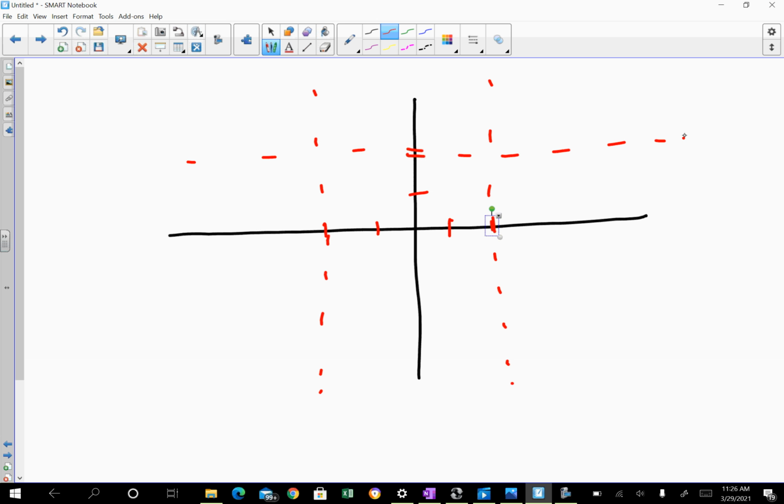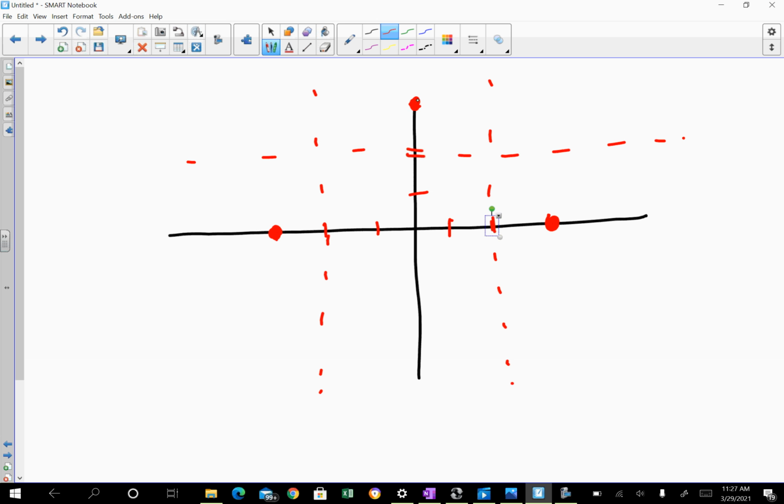Then we have also our x and y intercepts. So at (-3, 0) and (3, 0). And then our y-intercept is at (0, 9/2), or just over 4. So we have our asymptotes, our x and y-intercepts. Now we're going to use that chart to start to graph it.